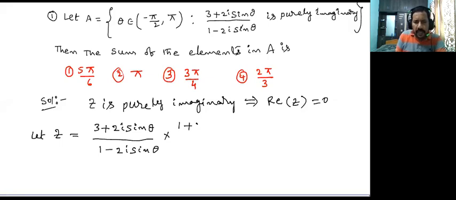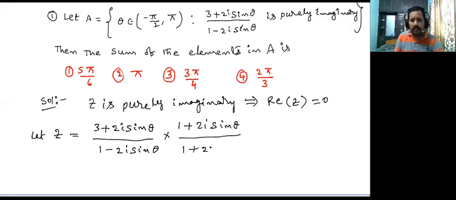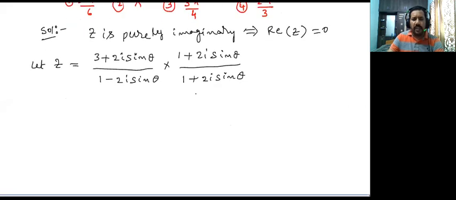So multiply and divide with 1 plus 2i sin theta. Now multiply numerator and denominator. So first I am going to numerator.